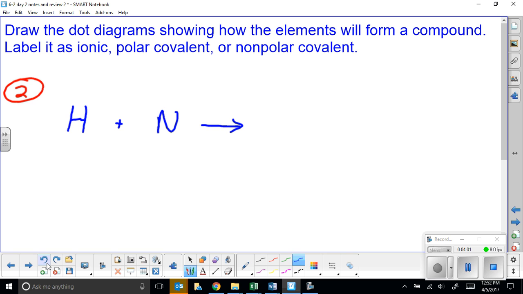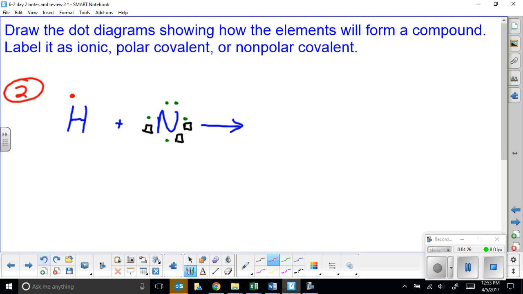Now this one is similar in that we've got 5 around the nitrogen wanting to gain 3. And it's similar in that we have 1 electron in the outer energy level of hydrogen. But this is very, very different because hydrogen can never give its 1 electron away.